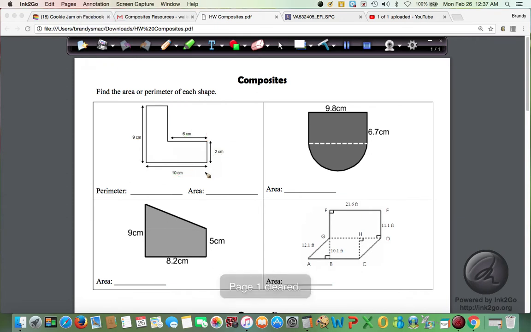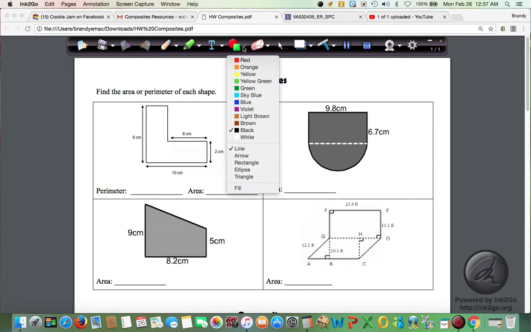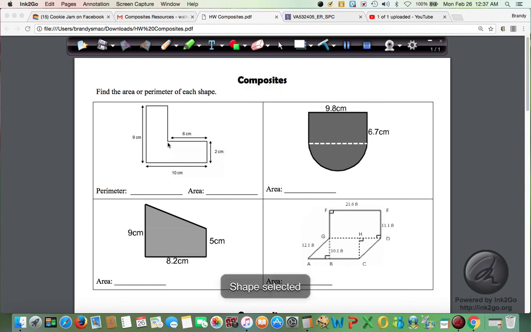Okay, for area of any composite shape, anything that has 2 basic shapes mashed up together, you need to find the area of each piece. So I am going to draw my line right here. Now, we've gone over this in class. It honestly doesn't matter if you draw it here or if you take a line and go this way.